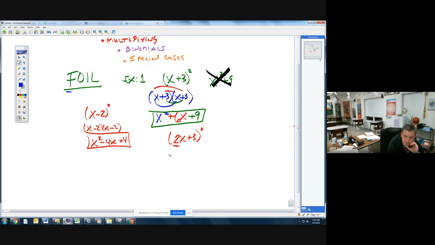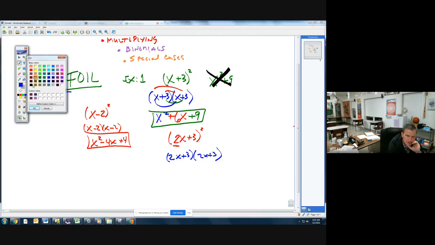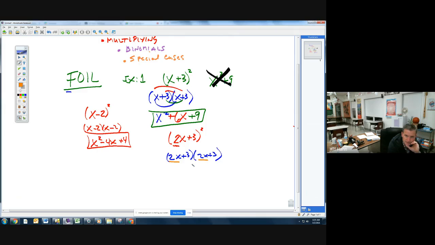What will this look like? You'll have 2x plus 3 times 2x plus 3. And I will do this one just a touch bit more slowly. In FOIL, the two first terms, a 2x times a 2x is 4x squared.